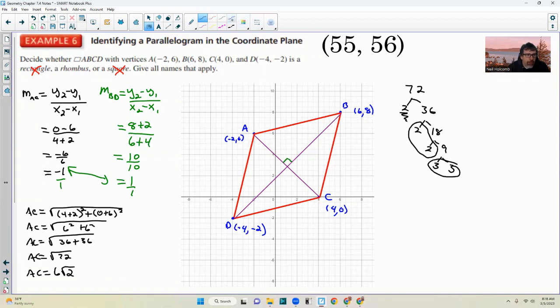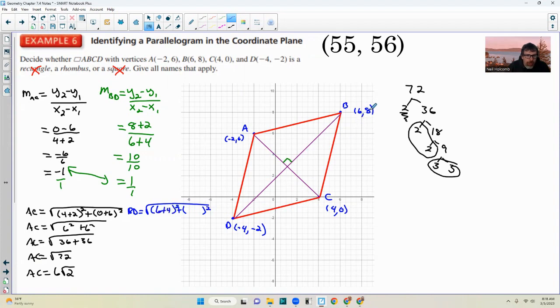All right, so now we're going to do it again, and we want to find the length of BD. So we say BD equals, okay, the difference in the x's. So 6 minus a negative 4 is 6 plus 4. Careful with your signs.